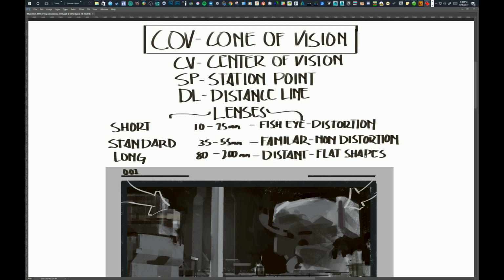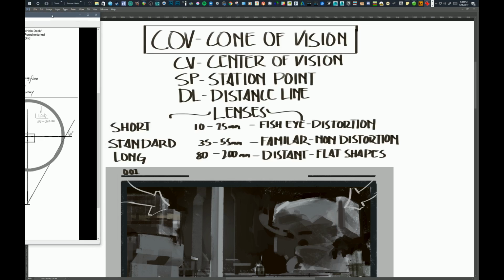It tends to flatten the shapes, and it magnifies the image that's being taken. So it'll take a smaller frustum of your view, and then it magnifies it so we can still see that distant object in the detail that we need. So think about binoculars or a telescope or something like that. That's more what you're getting with your long lens.